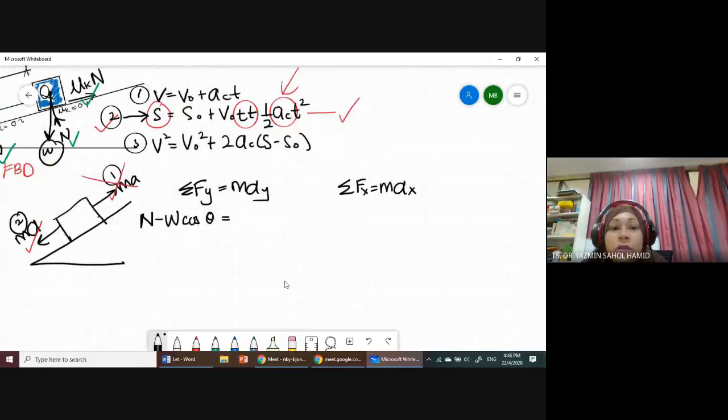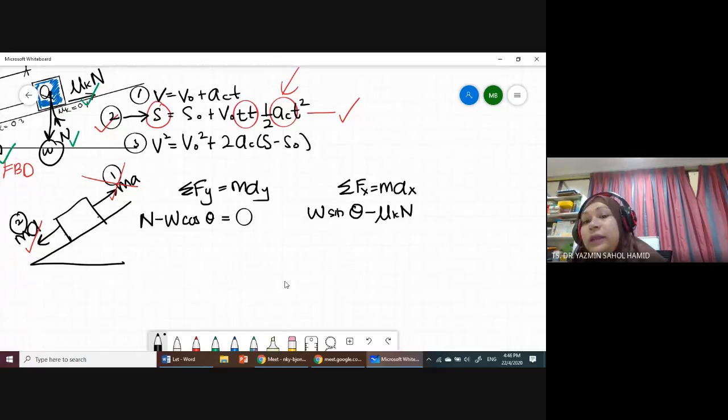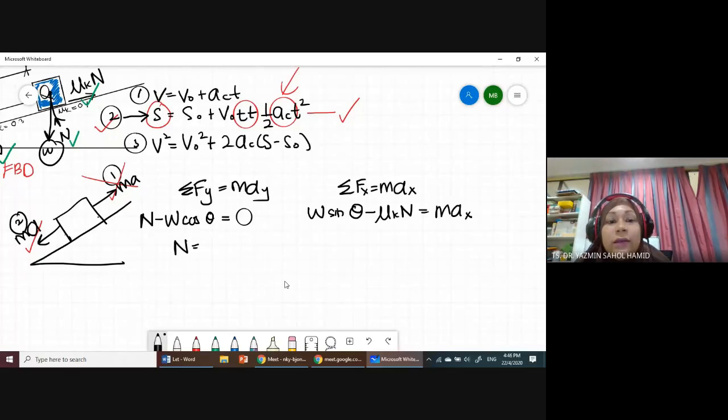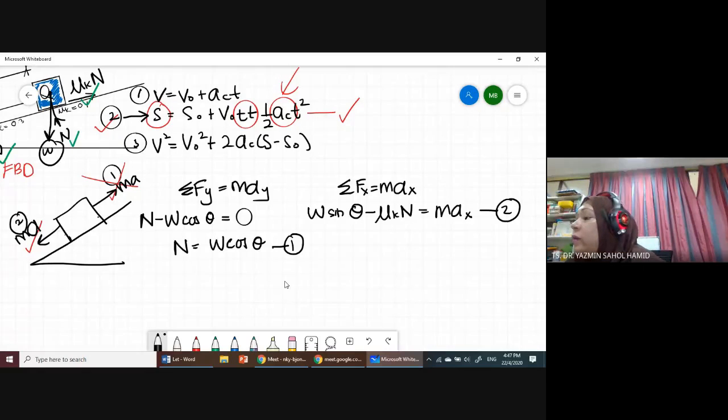Then for Fx, we have W sine theta minus mu k N equals m a_x. Now we simplify this. We write what N is: N equals W cos theta. And then we put equation 1 into equation 2, and then we can find what A is. So can you please find me what A is?